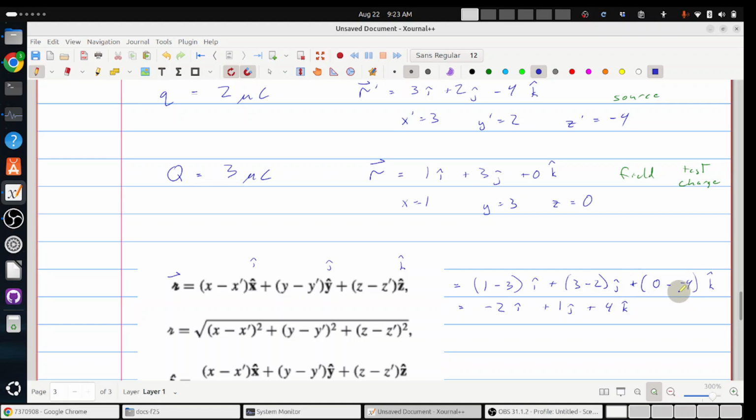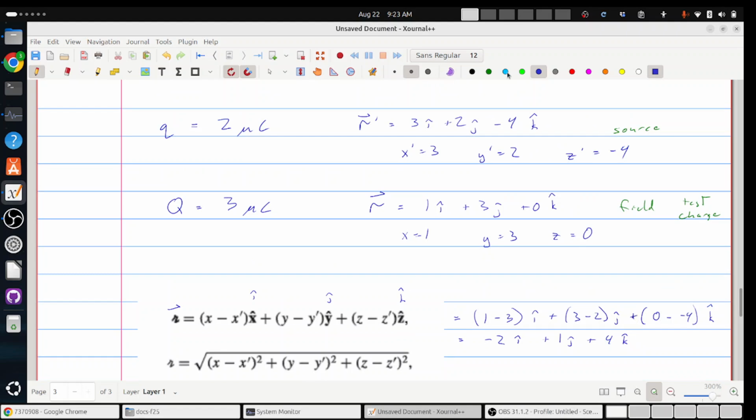Okay, because I had a negative minus a negative sort of thing. Okay? So that is my separation vector. And ideally, I should have put units in here. So this would have really had, say, units of meters or centimeters or micrometers or whatever the heck it is. And so this also has units of meters. Because in physics, we have units on everything.